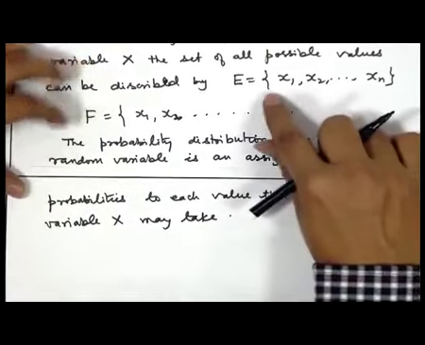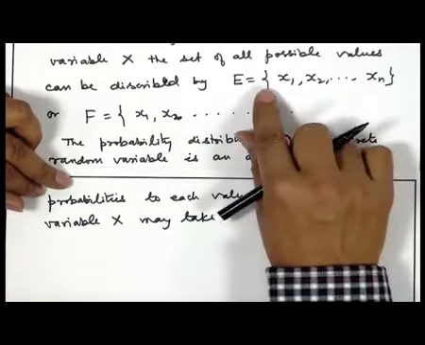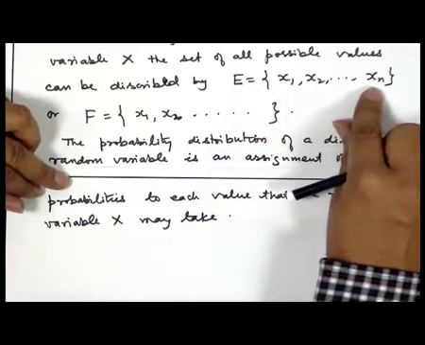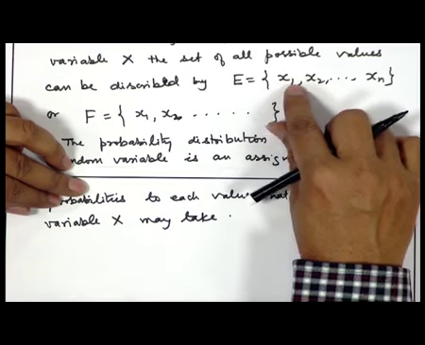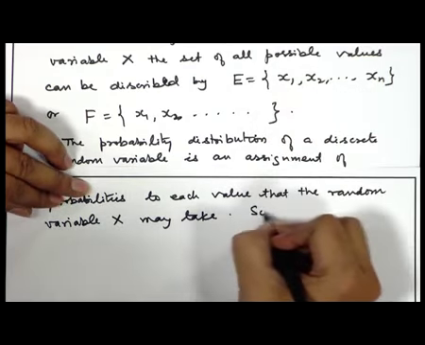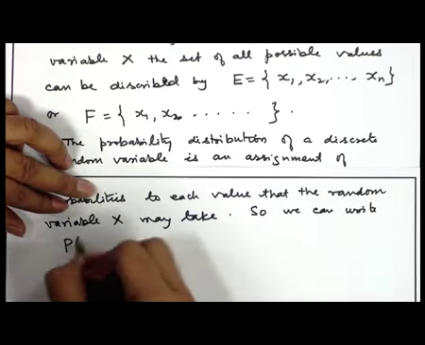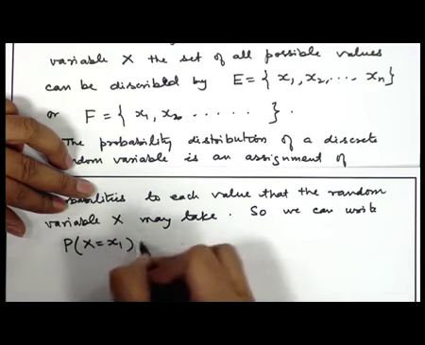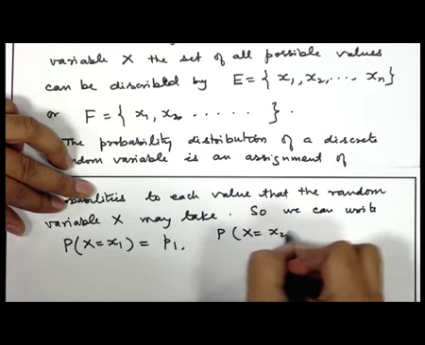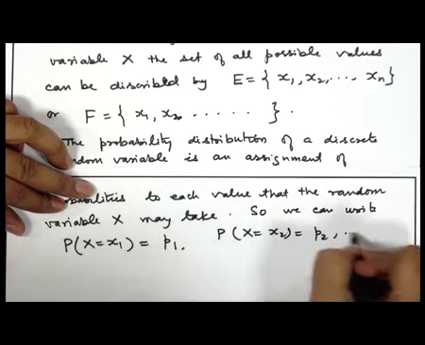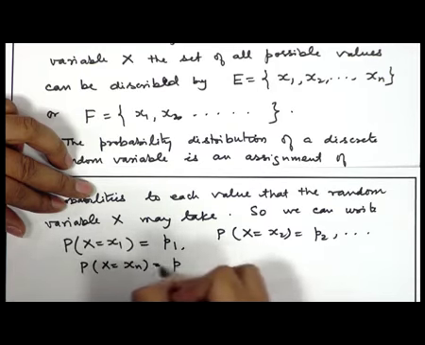So, if I consider the random variable X taking values x1, x2, ..., xn, then if I allocate the probability p of x1, we can write probability X equal to x1 is equal to say p1, probability of X equal to x2 is equal to p2 and so on, probability of X equal to xn is equal to pn.